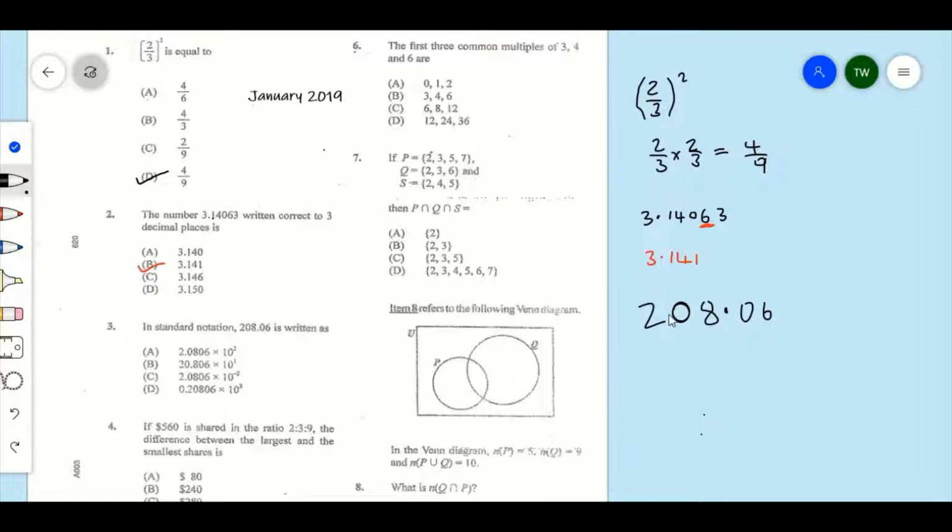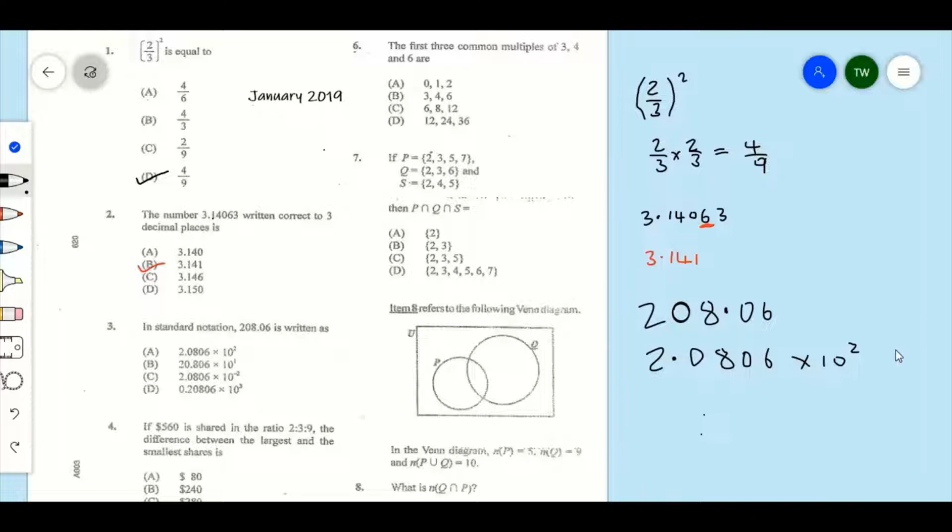Now in order to get the decimal point between 2 and 0, it is just the same thing as dividing by 100. So our answer in standard notation would be 2.0806 times 10 to the positive 2 power.